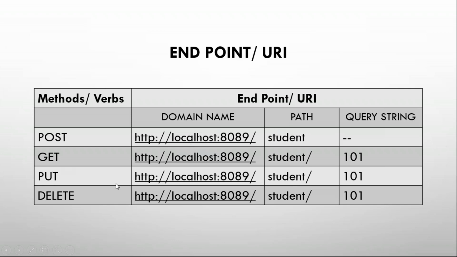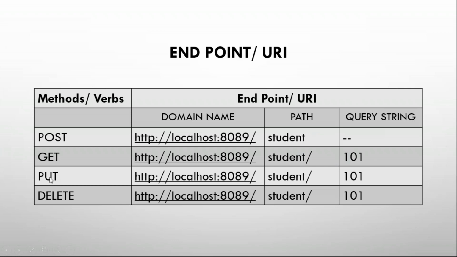As I told you, in post method we don't have any query string, because we are not fetching any value. We are going to create a value, adding a new record in our database. That's why there is no query string. For get, of course, we are fetching some values from the database, so it contains a query string.